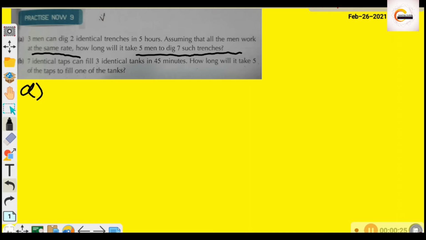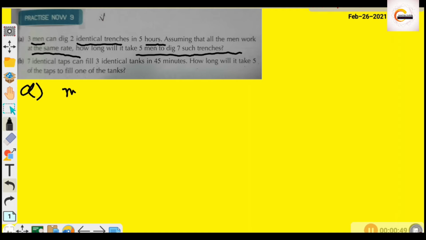Okay, so the first thing in the question is to find out how many variables there are and what they are. Let's see: men, identical trenches and hours. These are 3 variables involved in this question.